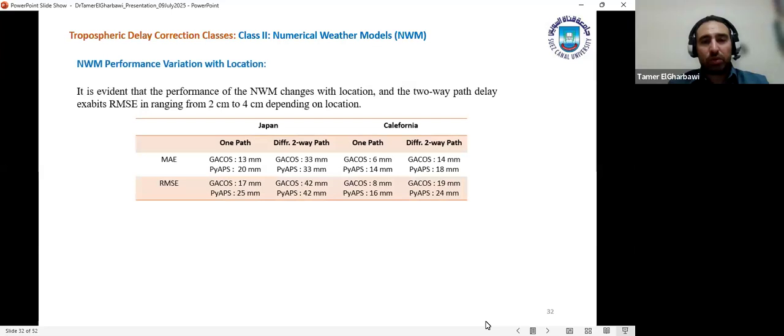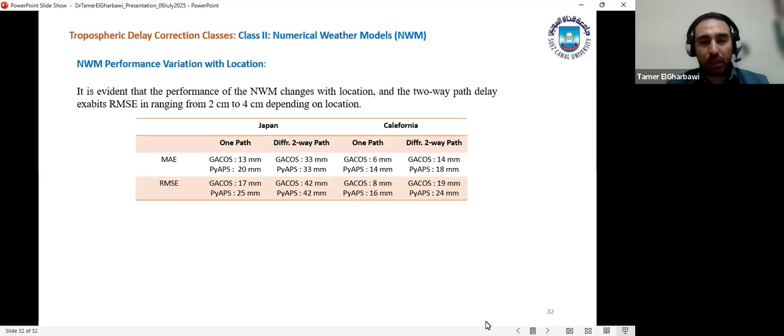In order to get that grasp, we can see that the errors between Japan and California are actually different. So when we read a paper and do some analysis using a numerical weather model, and we have an accuracy verification of results in California, it does not mean that it will perform the same in any other region of the world.